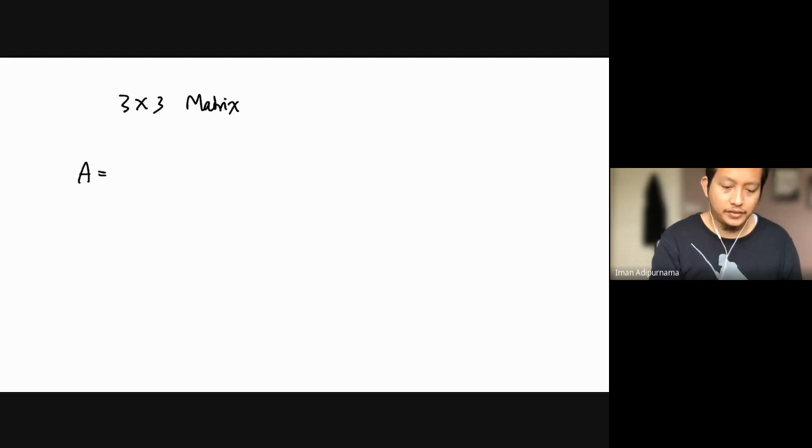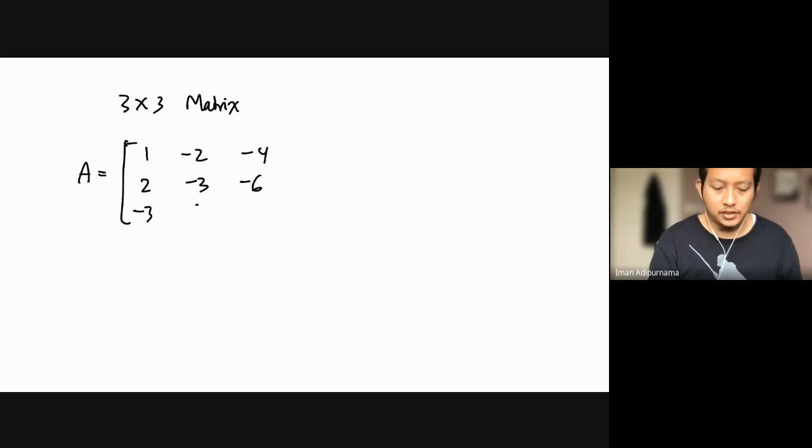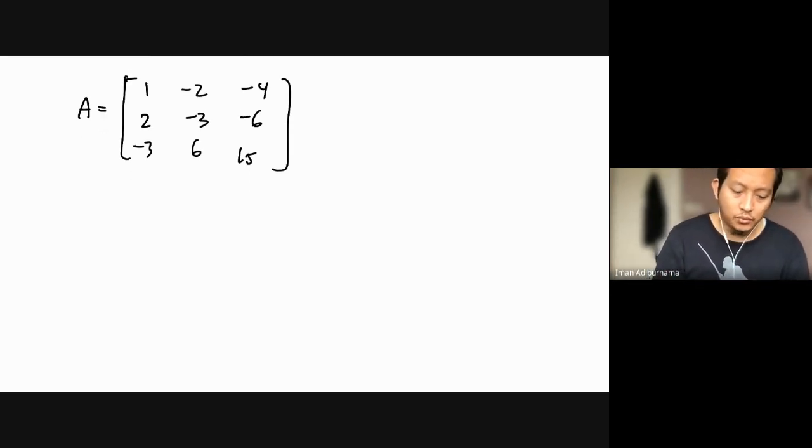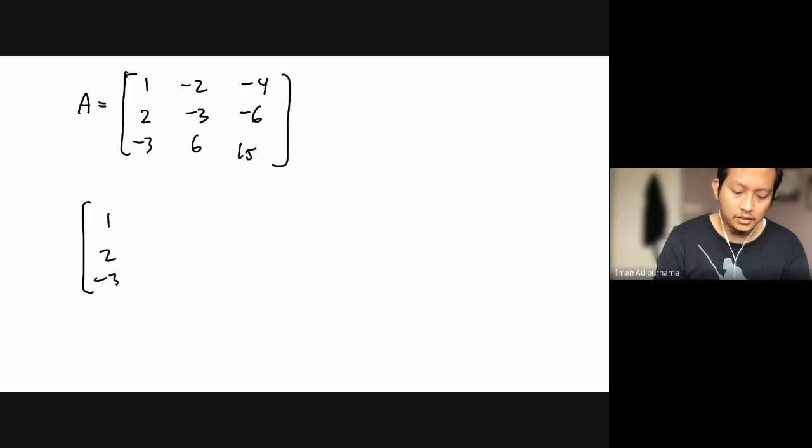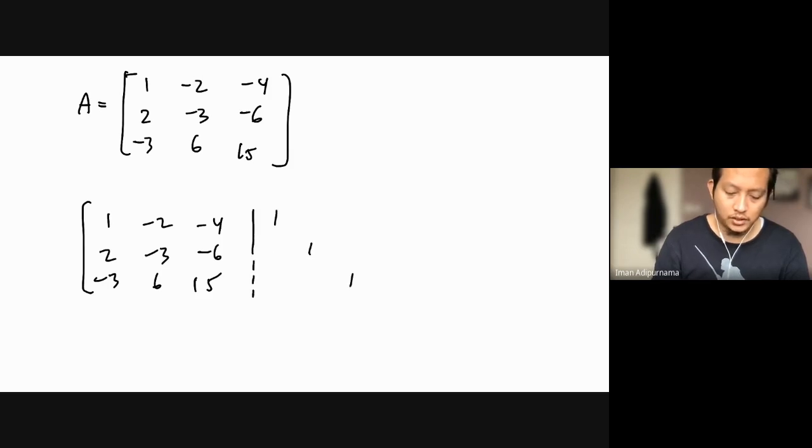let's say we have 1, -2, -4, 2, -3, -6, -3, 6, 15. If this is A, and you want to find the A inverse, we can take this and write it with 1, 1, 1, 0, 0, 0, 0, 0, 0.